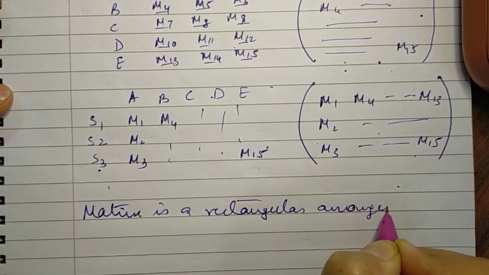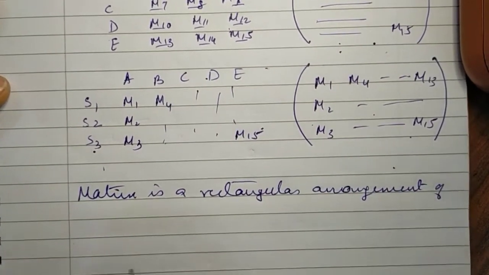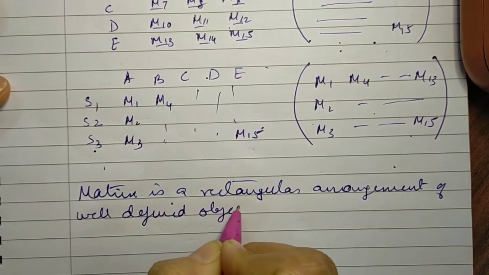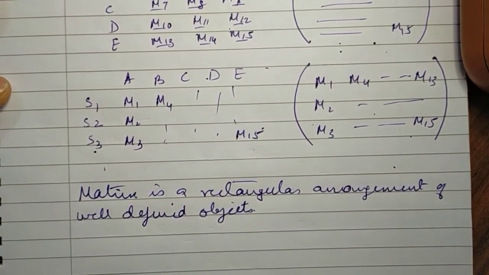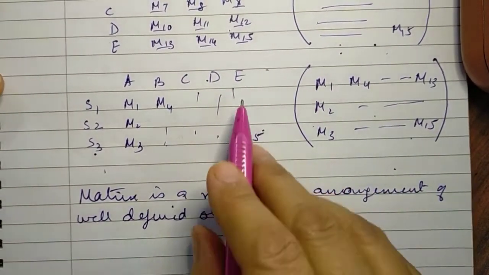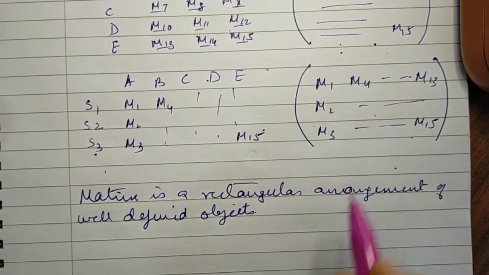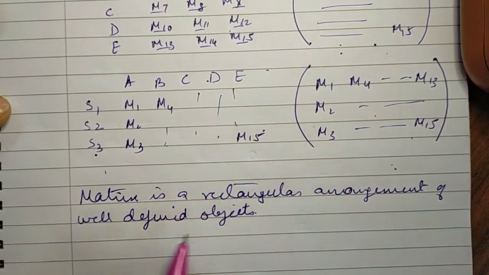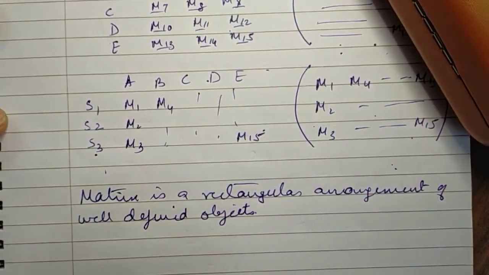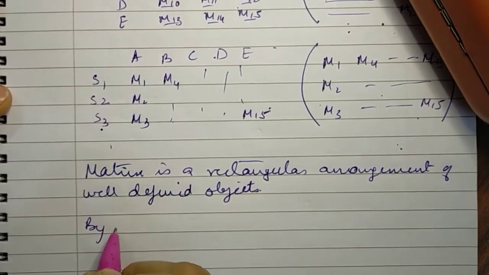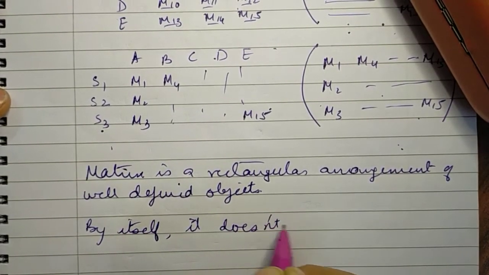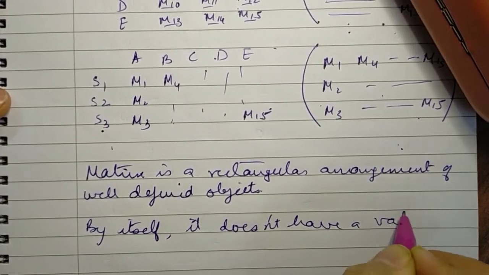Obviously we put together like things, suppose you are talking about marks, so marks obtained by a certain set of students are put together. We don't put absurd things together, so they have to be well-defined objects and they are arranged in a rectangular manner. By itself it doesn't have a value.